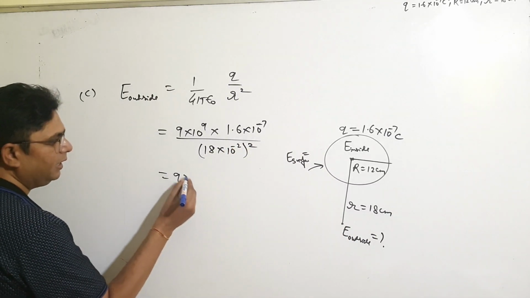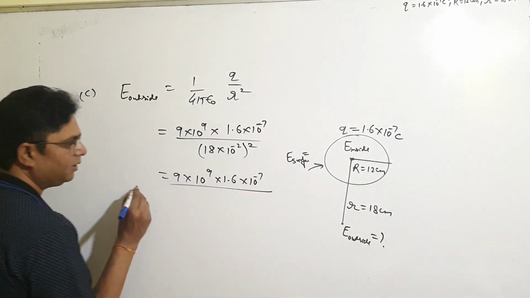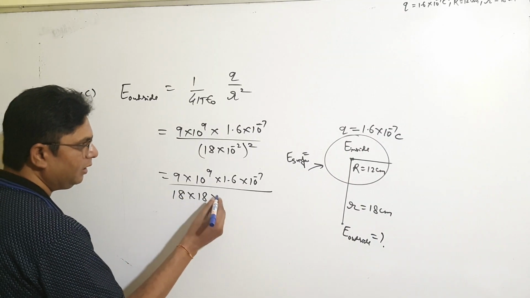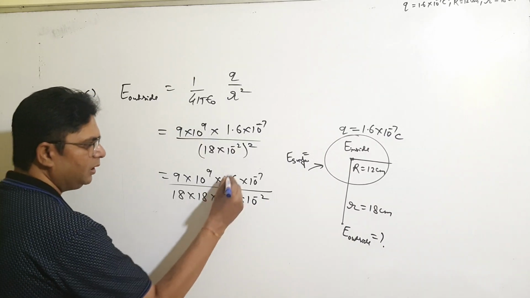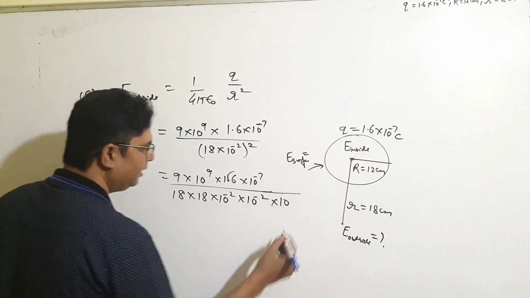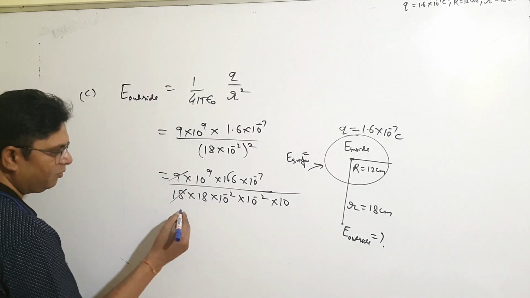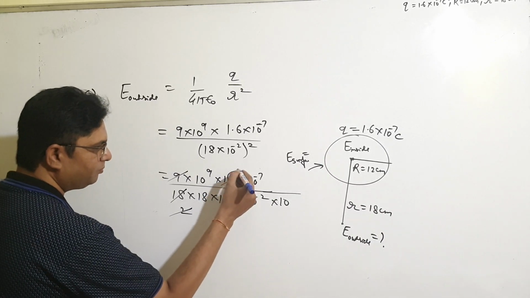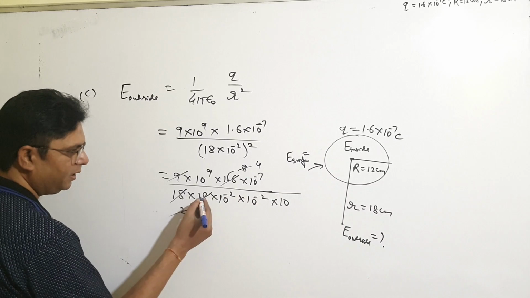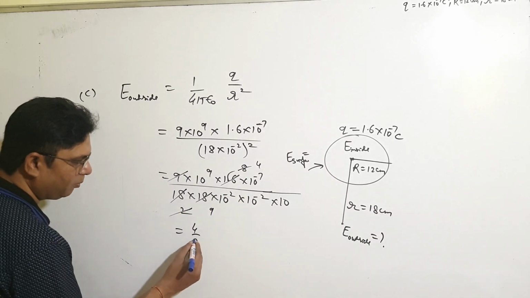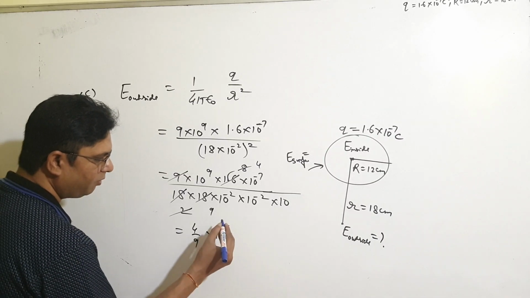So you have 9 × 10 to the power 9 × 1.6 × 10 to the power minus 7 upon 18 × 10 to the power minus 2 × 10 to the power minus 2. Now remove this point, so you have 10 in the denominator side. Now divide it, 9 when divided by 18 you have 2, divide 16 by 2 you have 8 here. Now divide by 2 again, so you have 4 here, divided by 2 you have 9. So you have 4 upon 9 and the power is 10 to the power 5.